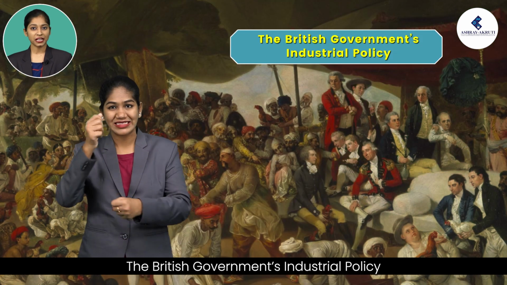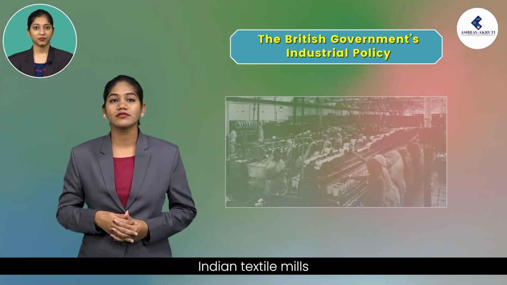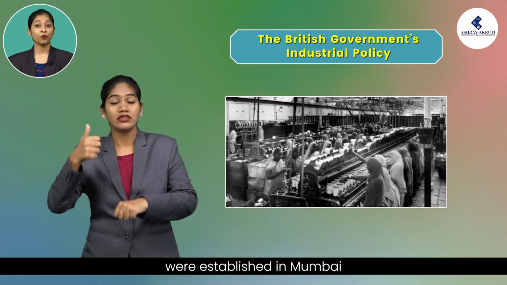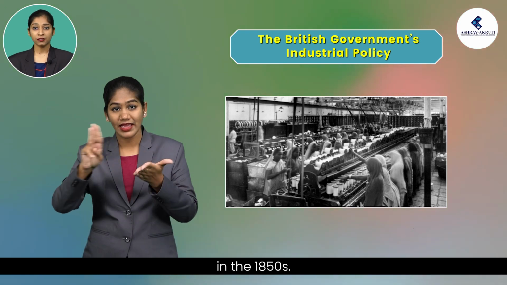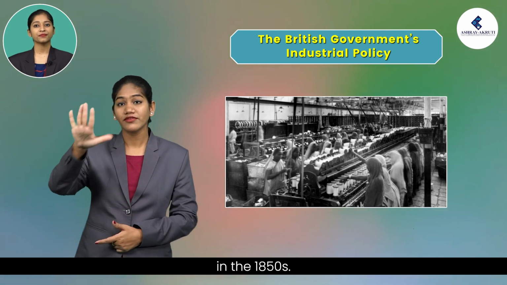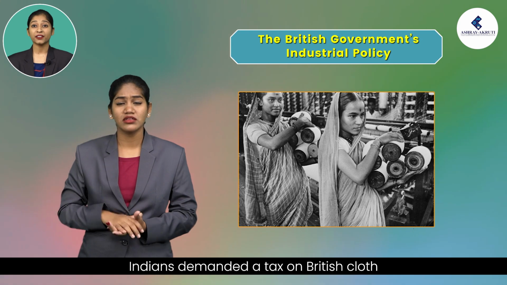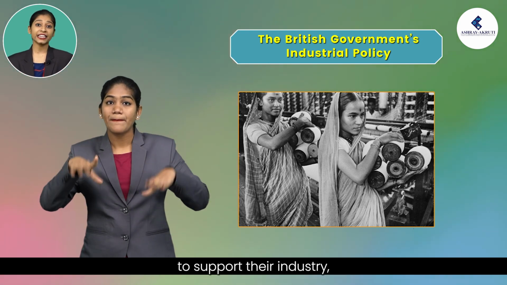The British government's industrial policy. Indian textile mills were established in Mumbai and Ahmedabad in the 1850s. Indians demanded a tax on British cloth to support their industry.